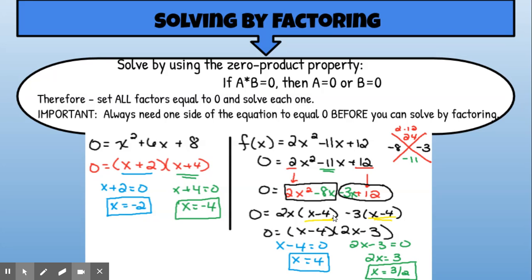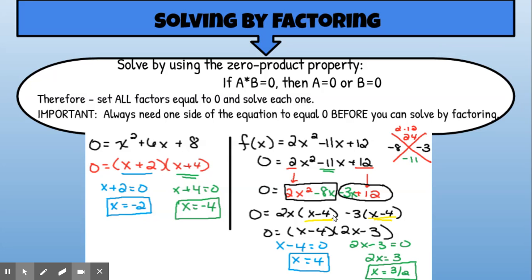So if we can factor a problem, that's going to be a really easy way to solve it, because we have this zero product property. Zero product property means that if the whole thing equals 0, then each part can equal 0. So therefore, once we factor it, I can set each individual factor equal to 0 and solve each one individually.